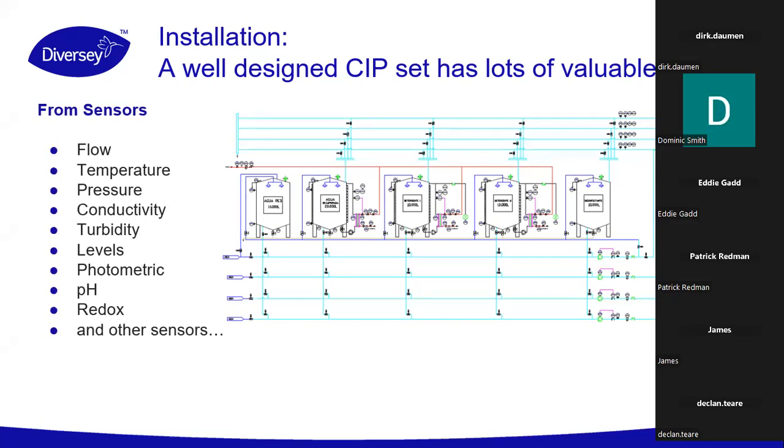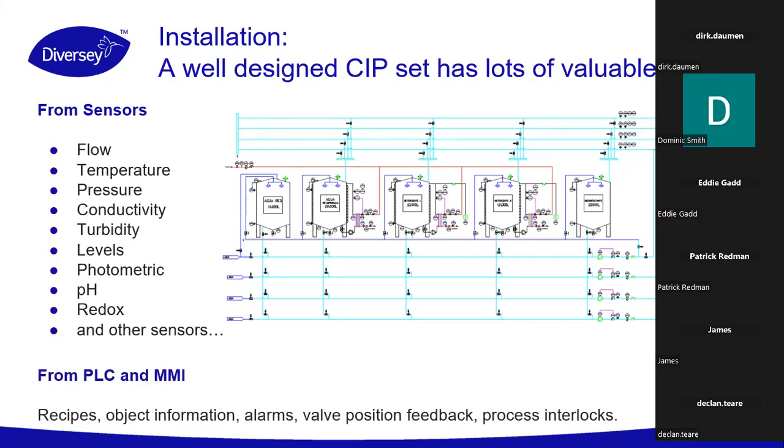And it's important to note that if the data is available, how are you actually using it to benefit, improve, or validate the specifications of your CIP set? I mean, in general, most people have flow, temperature, and conductivity, but what do you actually do with it? From the PLC, you will get the recipes, object information, alarms, valve feedback, process interlocks, all the things like that. But what do you actually do with it?